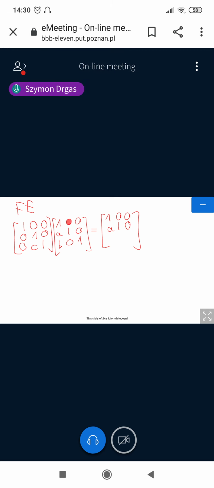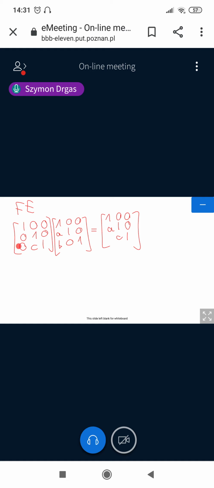Now I can use the fact that we have 0, 1, 0, so it means that I can rewrite the second column. So we have 0, 1, C. 0, 0, 1, it means that I should rewrite the third column in the third column of the resulting matrix, so it will be 0, 0, 1.